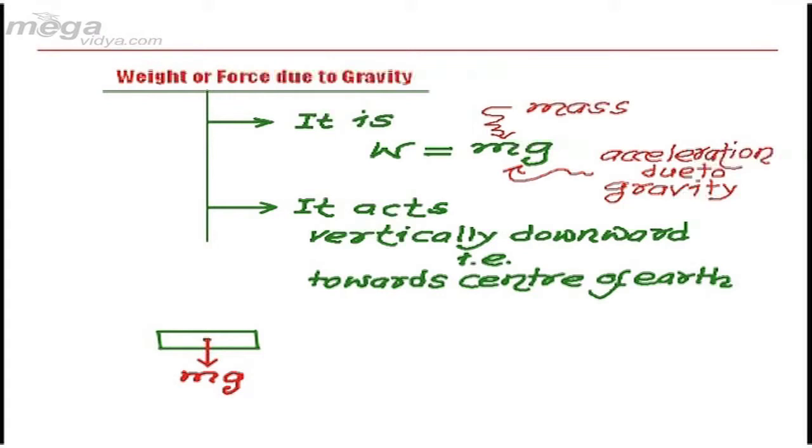The point of application of this force may be considered as the center of gravity G. Acceleration due to gravity is towards the center of earth, so the weight of this body, mg, is towards the center of earth.